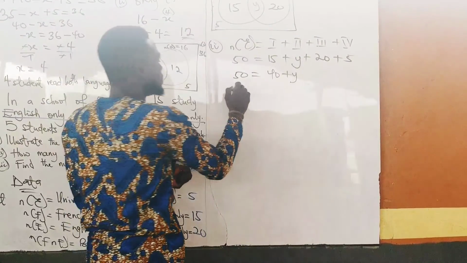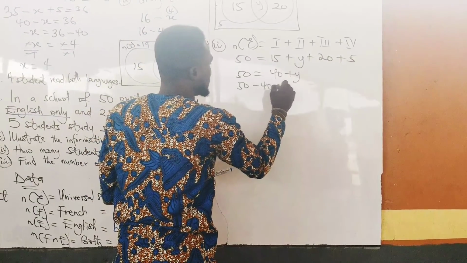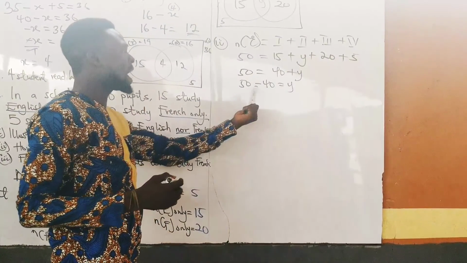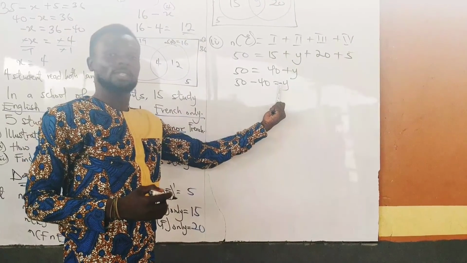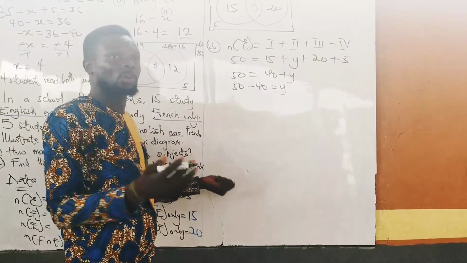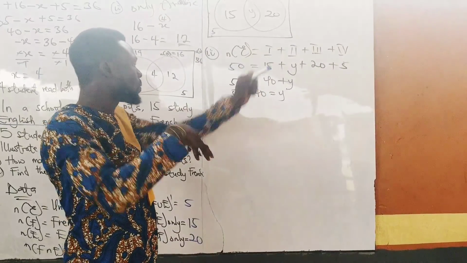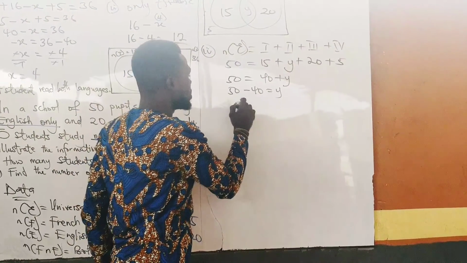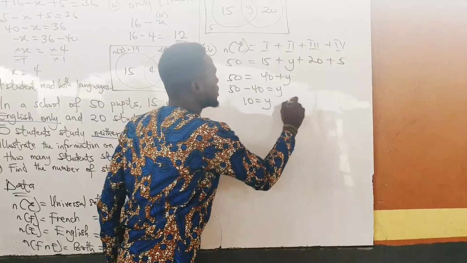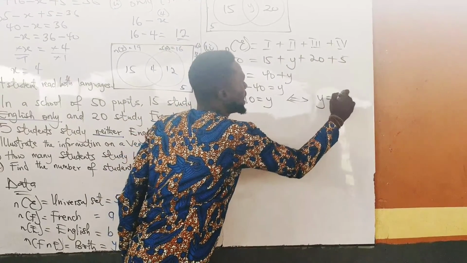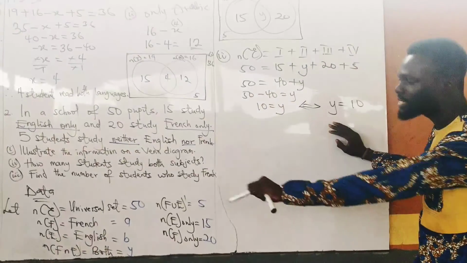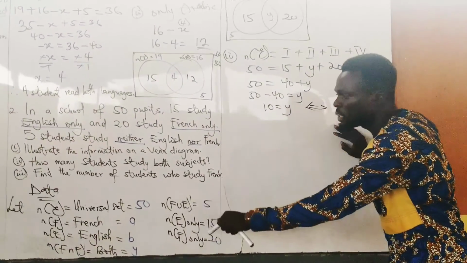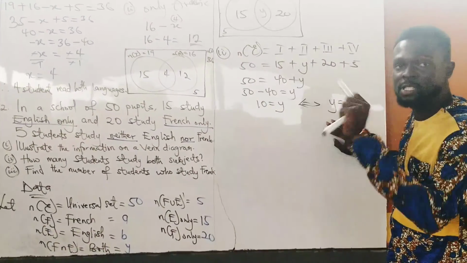Group like terms, you have 50 minus 40 is equal to Y. I hope you know why we had a negative here and why there's no positive here. The positive is there, but we just took it off because there's no number in front of the Y. If you subtract, we have 10 is equal to Y. So this Y was used to replace the number of students who study both subjects.